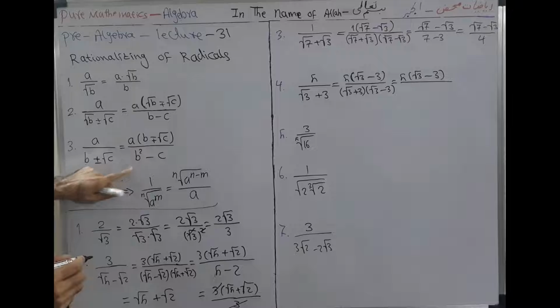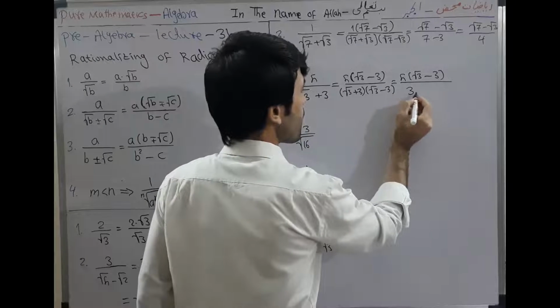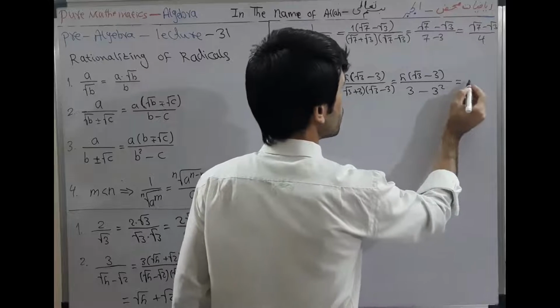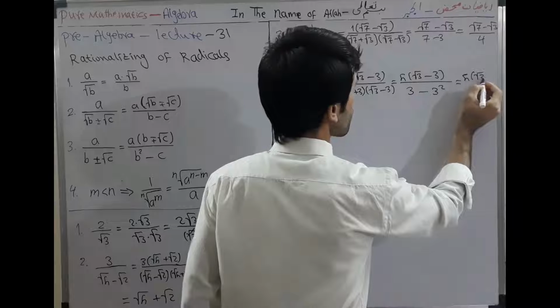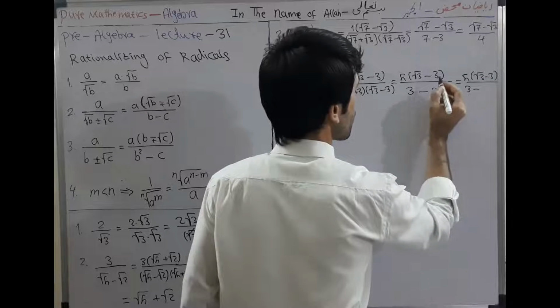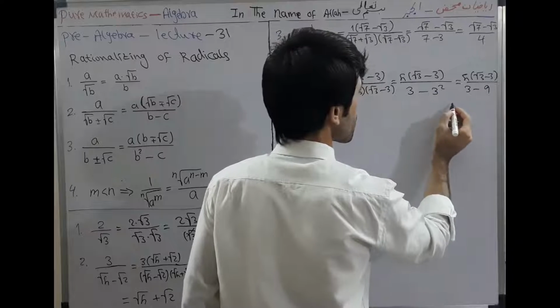By using this formula, we can write square root of 3 squared minus 3 squared. It is equal to 5 into square root of 3 minus 3 over 3 minus 9, since 3 squared is equal to 9.